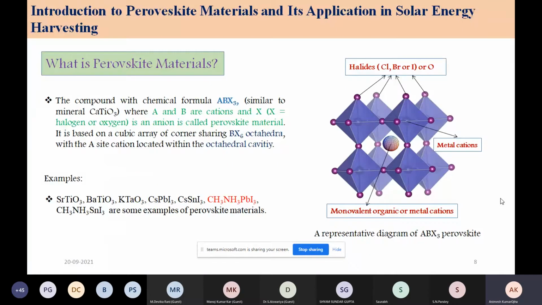So perovskite is a material which has the chemical formula ABX3, where A and B are the cations and X is the halogen or oxygen.